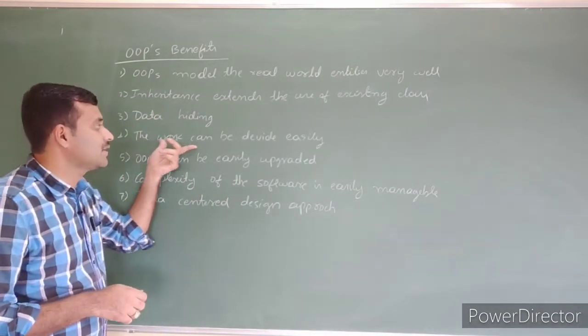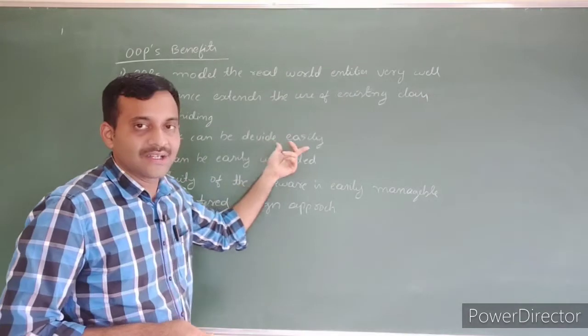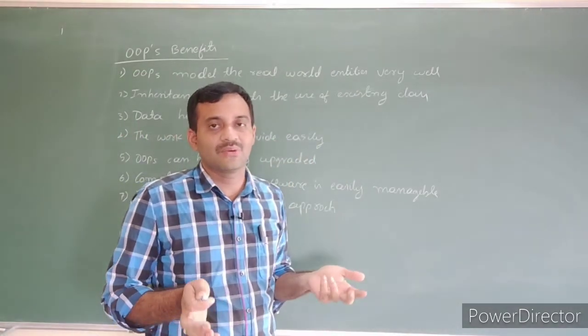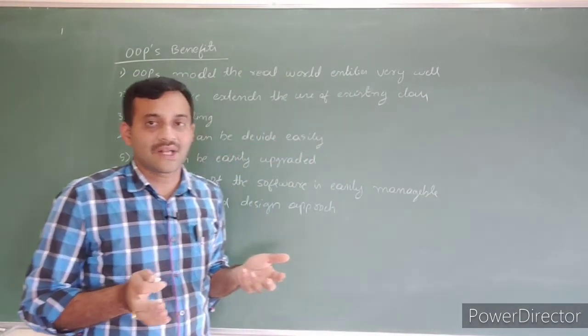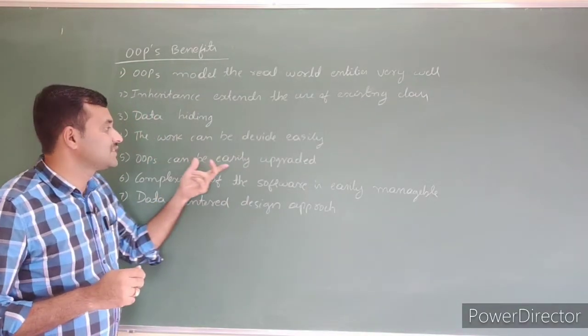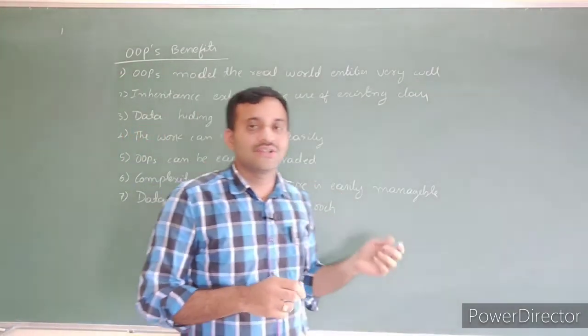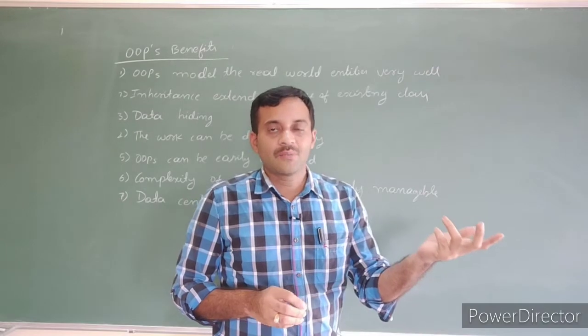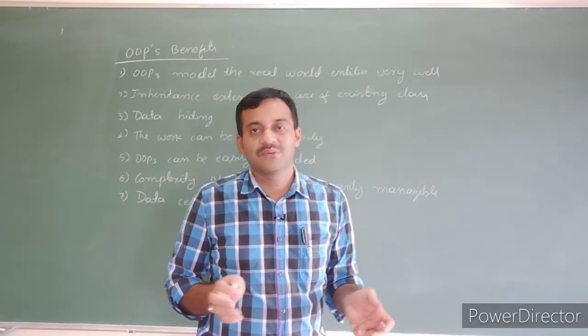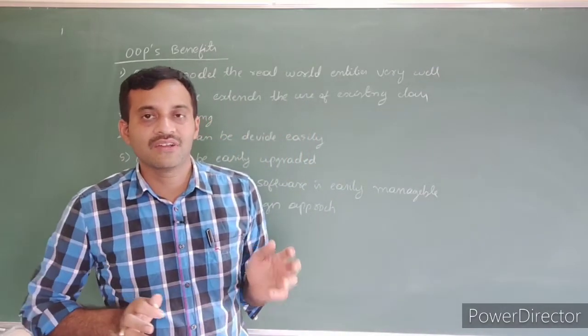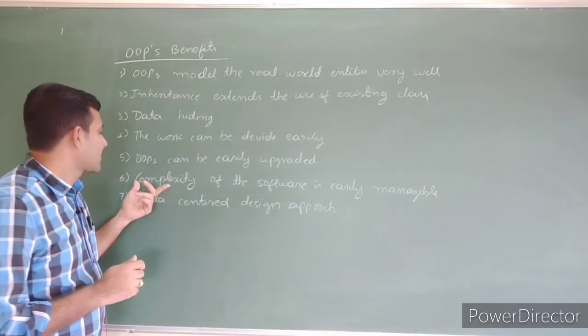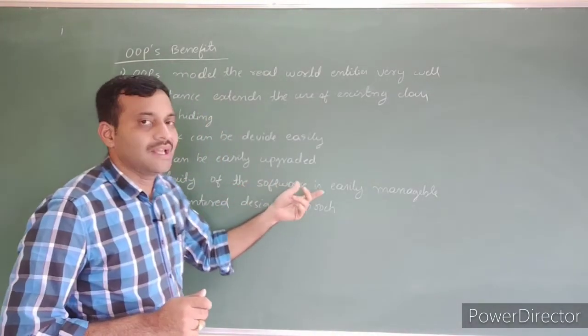Fourth one is the work can be divided easily. It follows modularity, hence we can divide the lengthier program. OOPS can be easily upgraded. It is easy to upgrade object oriented programming because here we use classes, objects and the modular technique. Complexity of the software is easily manageable.